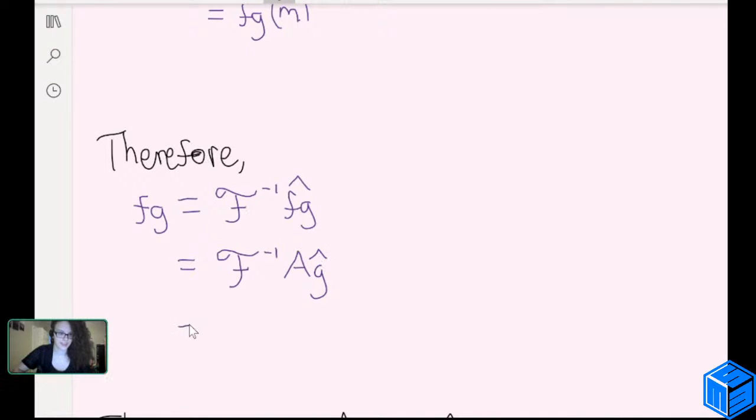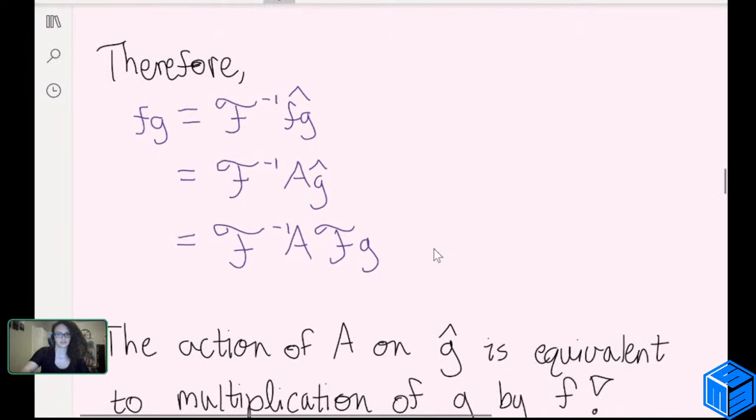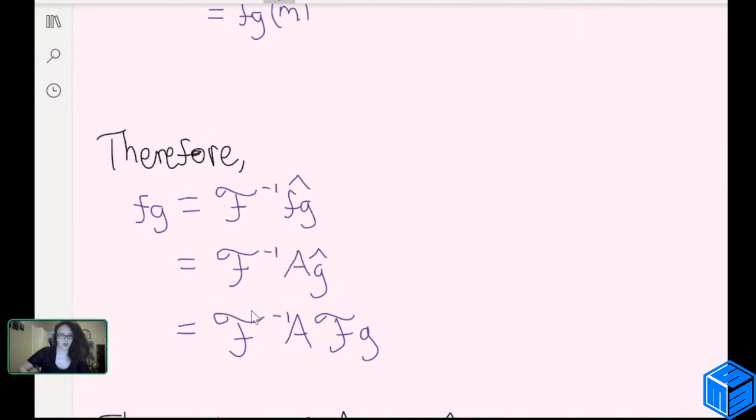And then, what is g hat? It's the Fourier transform of g. So look, we've got some operator here, and its action on g, this function g, is equal to multiplication by f.